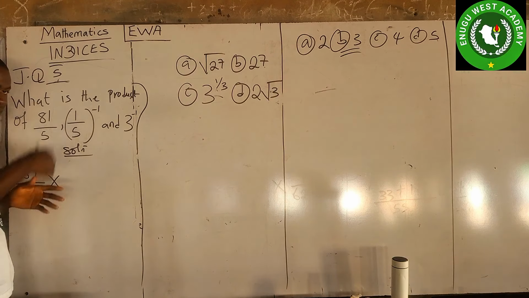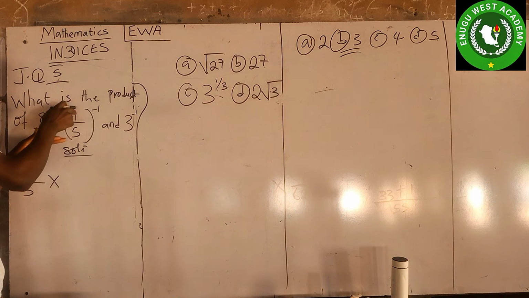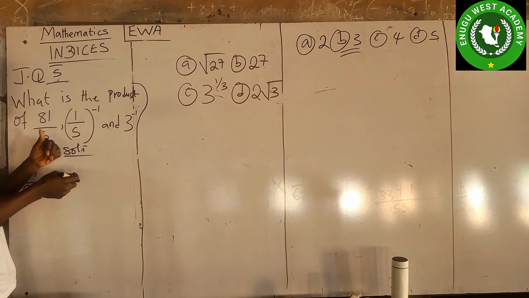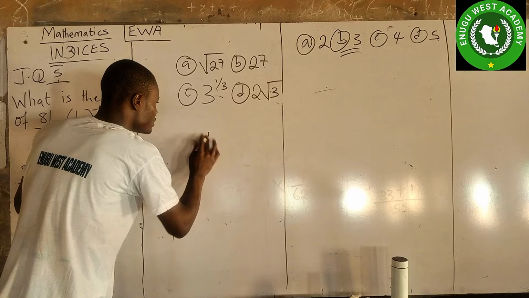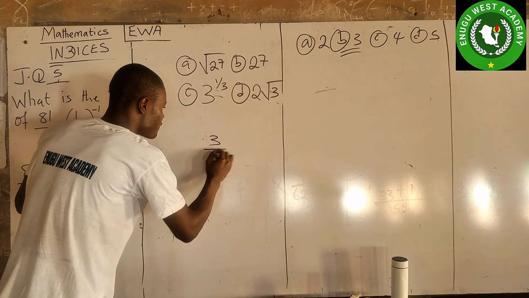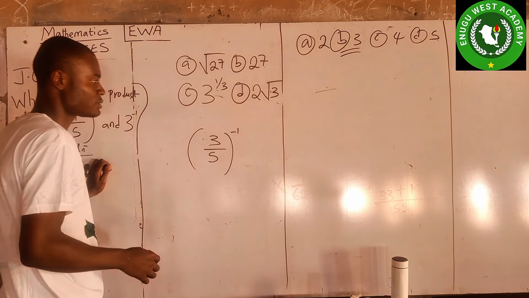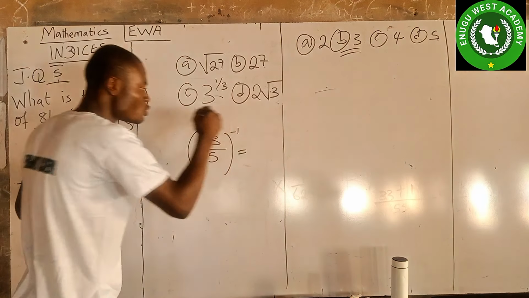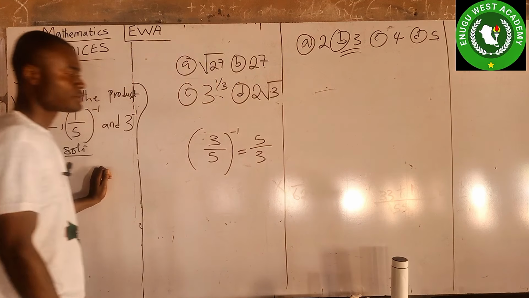It means inverse. This 5 should go up and this 1 should come down. Look at this. If you have 3 over 5 raised to power minus 1, this also means 5 over 3.